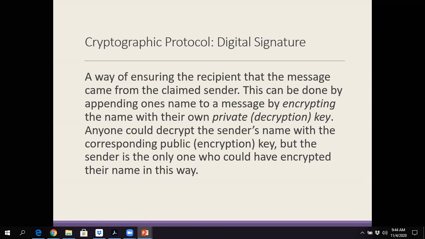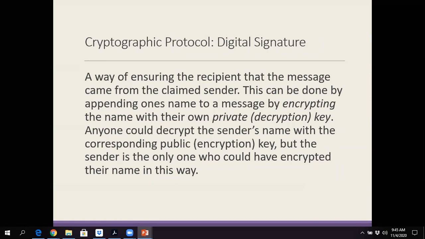And I'll just briefly describe what happens here. Again, this is a way of ensuring that the recipient knows the message came from the claimed sender. Yeah? What you do is you append your name to the message by encrypting the name with your own private key.